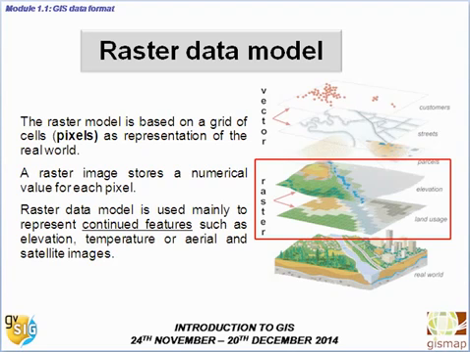By the way, the raster data model is based on a grid of cells called pixels that make a representation of the real world, and a raster image stores numeric values for each pixel. So the raster data model can be used mainly to represent continuous features such as elevation, temperature or satellite images.